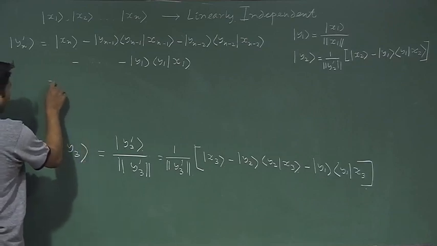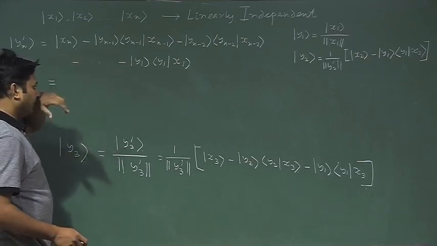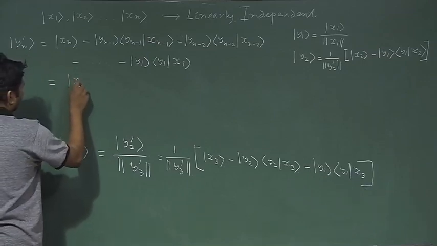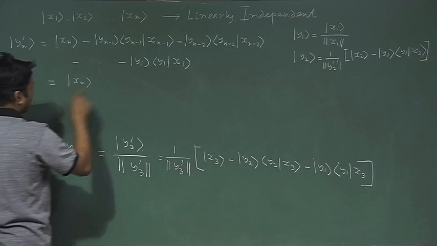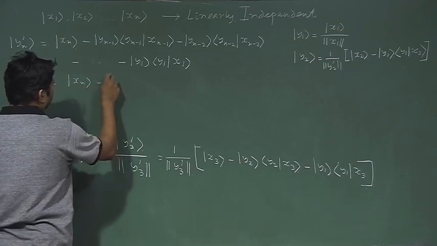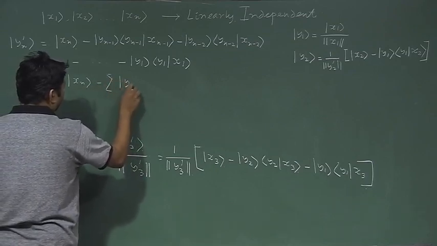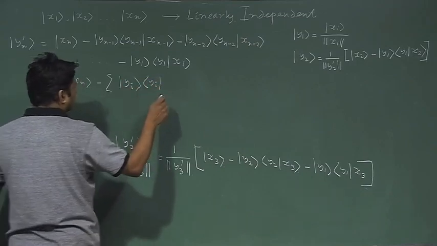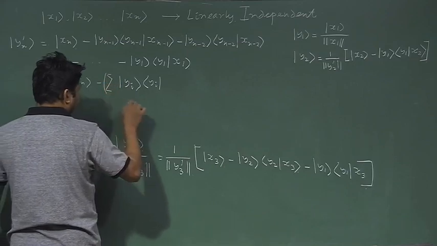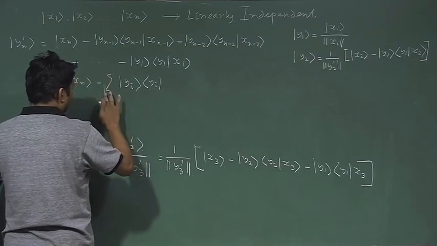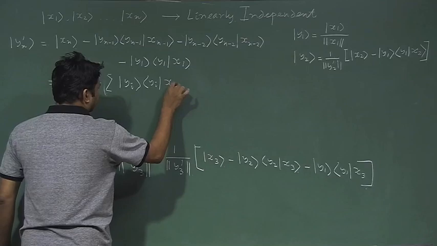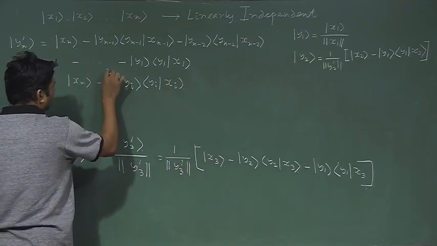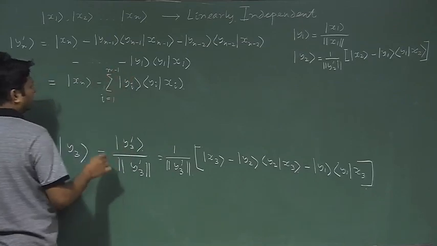Now I can write this in a more convenient way in summation form. It will be just xn minus the summation of yi xi, with i going from 1 to n minus 1. This is a compact form.